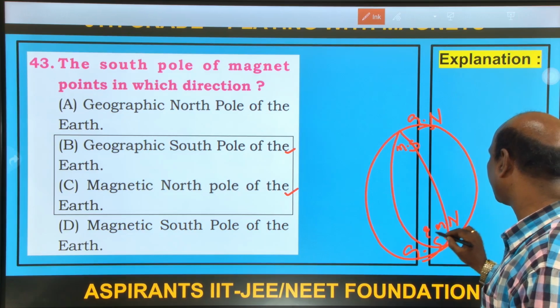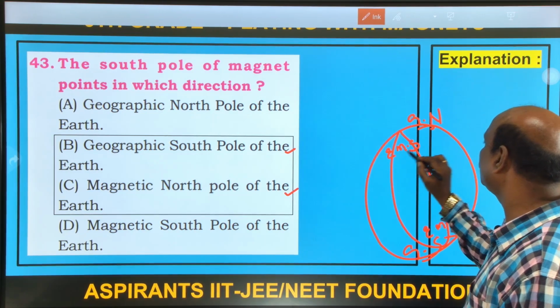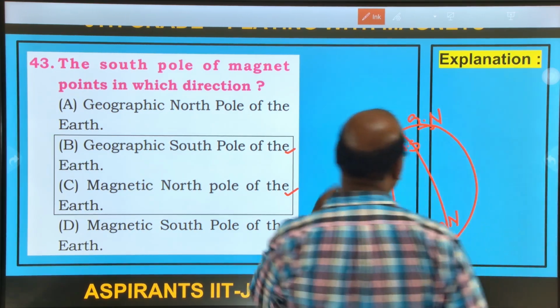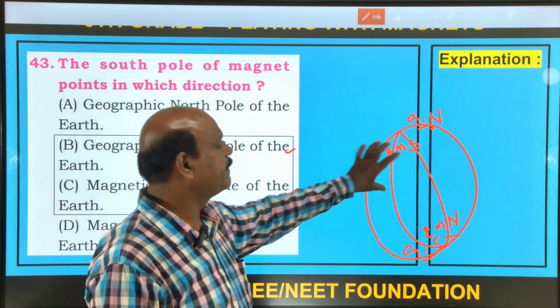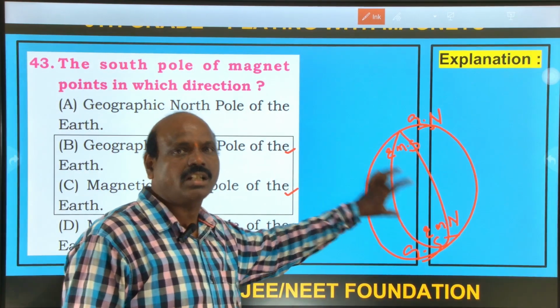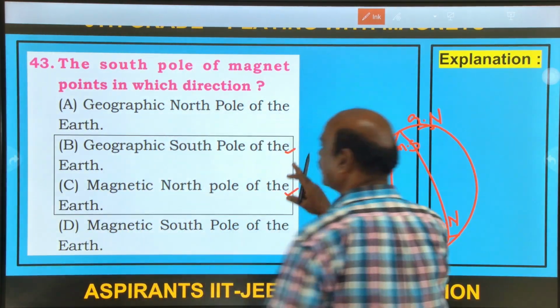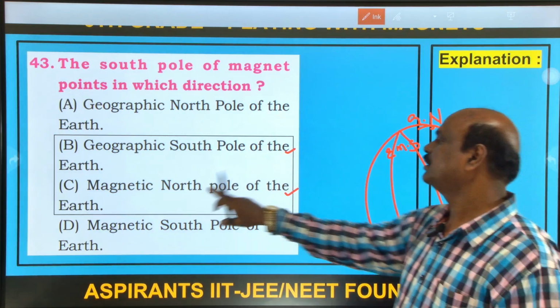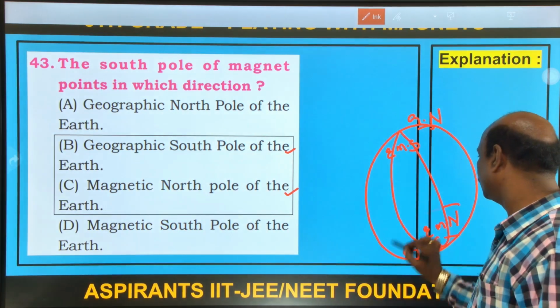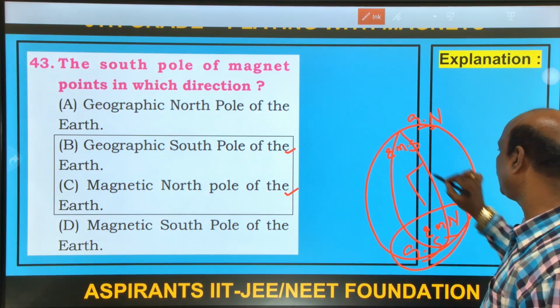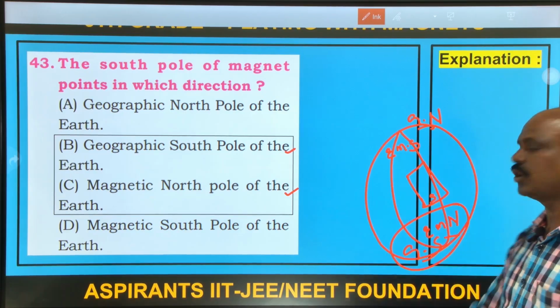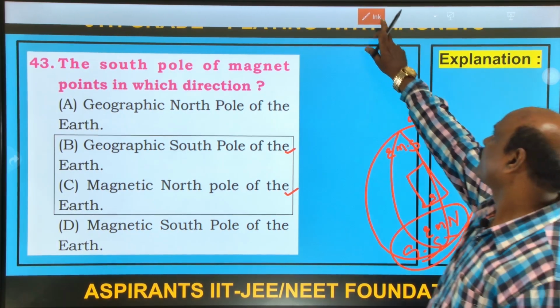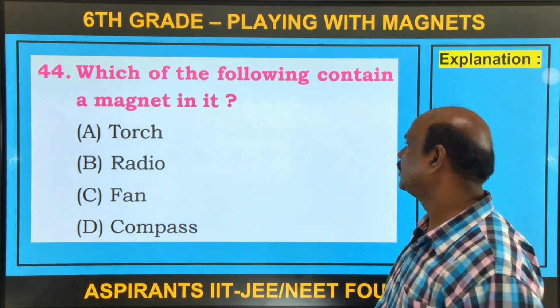So earth's magnetic north, earth's magnetic south. Geographical poles are different, and magnetic poles of the earth are different. That's why we choose this answer, geographical south and magnetic north, both are here. So a bar magnet, if you take it like this, here it will be the south pole. Is it clear? Okay, next.